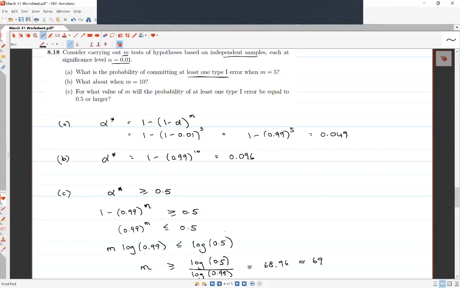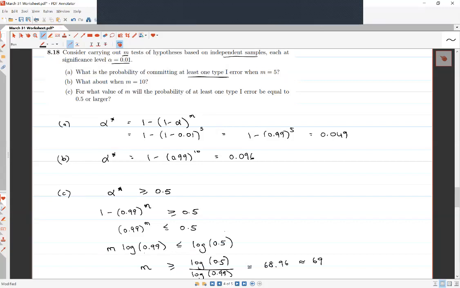And you may be asking, well, when do people actually test 69 different hypotheses? Well, that happens in a lot of different real-life applications. For example, there are studies that look at RNA strands and compare different pairs across samples.